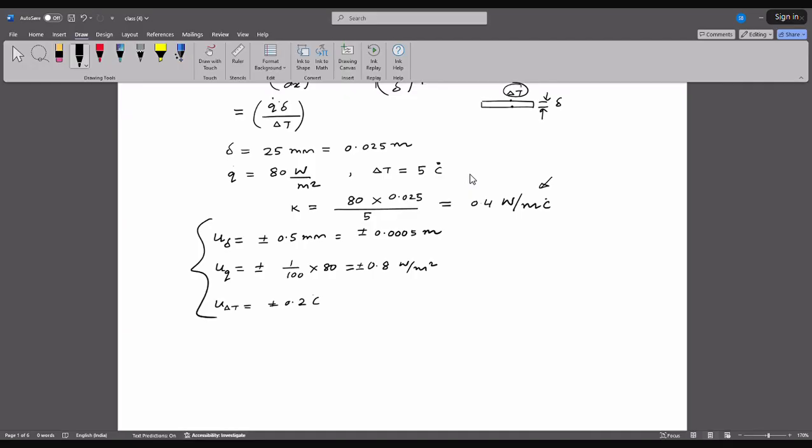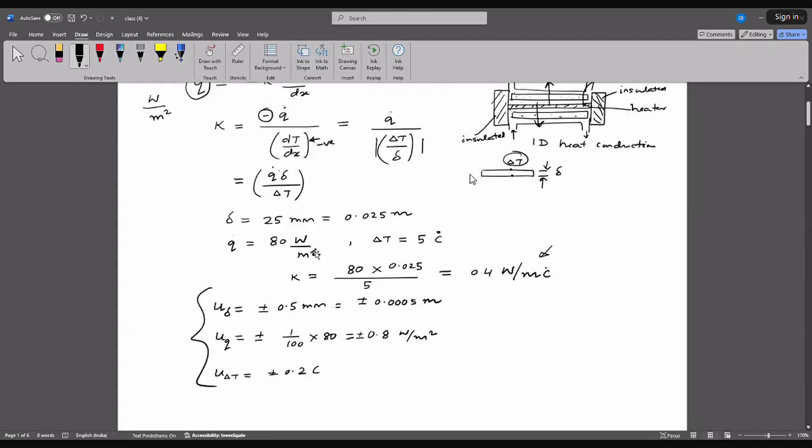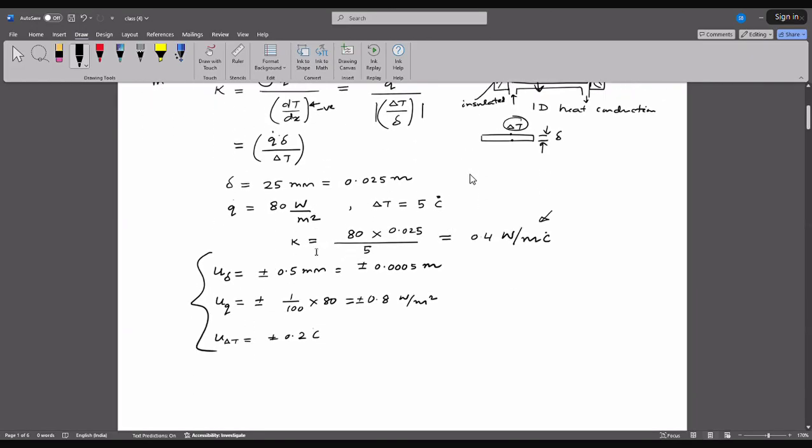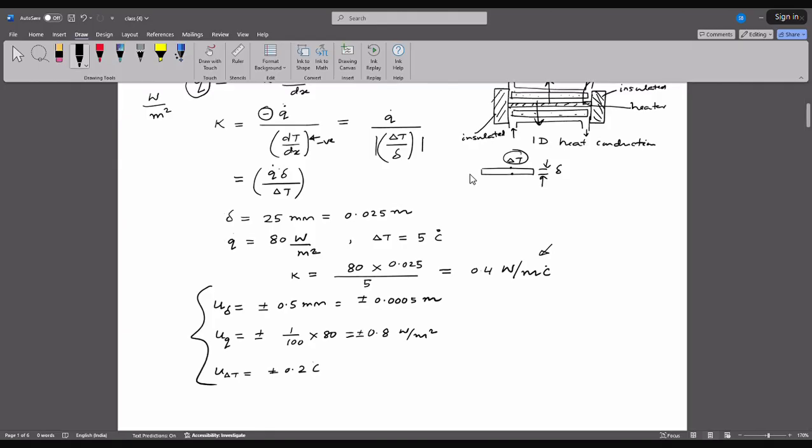So you have three different uncertainties, and then you can also find the gradients. Basically your K is this.